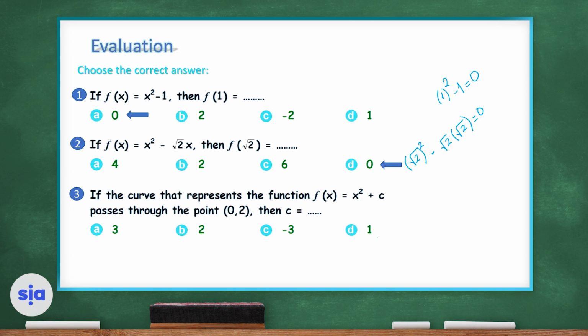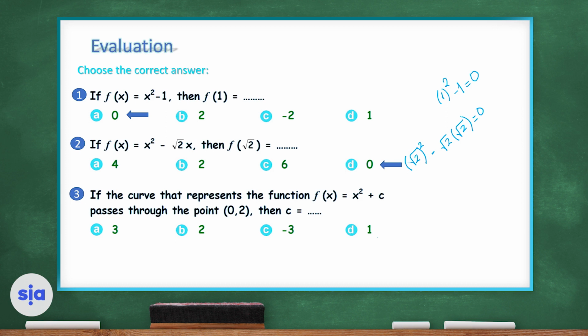Question 3. If the curve that represents the function f of x equals x squared plus c passes through the point (0, 2). Again, as we said before, with an ordered pair and a function, you replace the x value by x and the y value in the f of x.